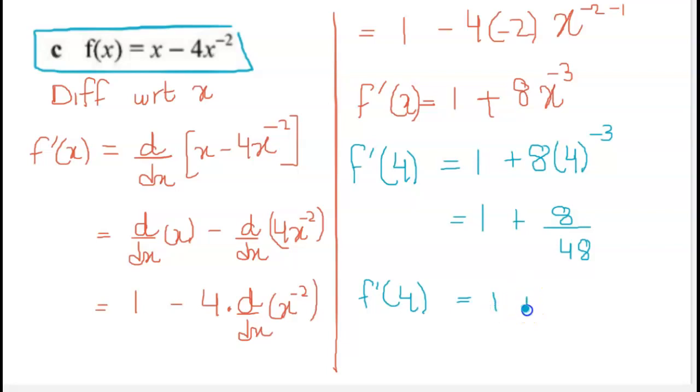So that will be 1 plus 1 over 6. f dash 4 is 1 point, so you will have 1.166 as an answer.